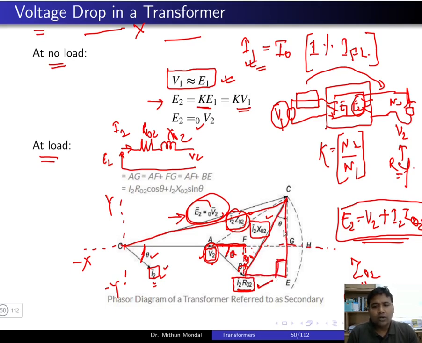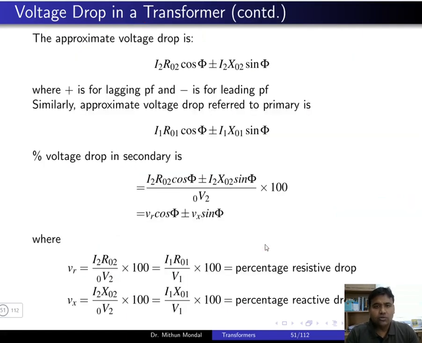So these components of the current you can also resolve on the x-axis and the y-axis. Basically we will be requiring the x-axis data, so that we are going to see.